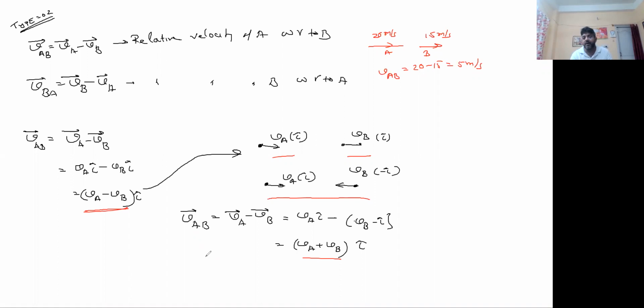Similarly, if train A is 20 meter per second and B is 15 meter per second moving in the opposite direction, then we add: 20 plus 15, that is 35 meter per second. So that one is very, very important.